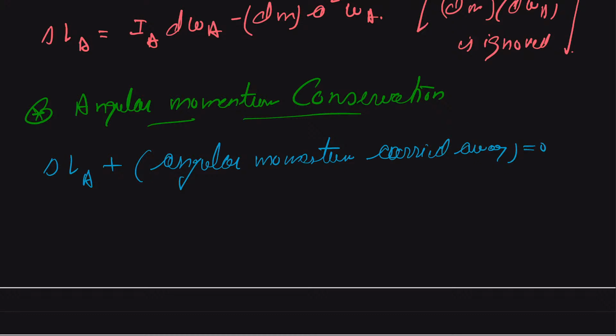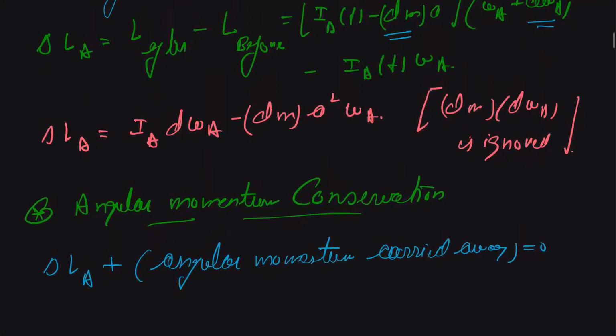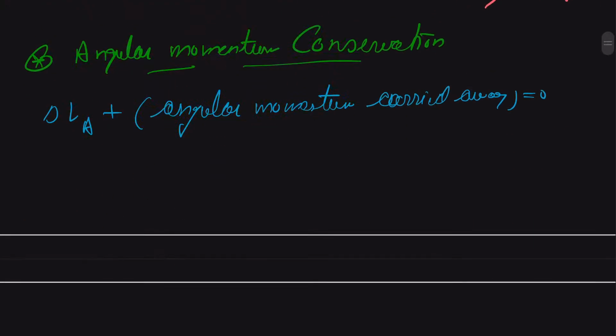Okay. So we already know that the angular momentum being carried away is dm a squared omega.